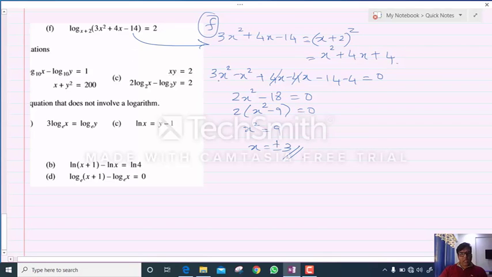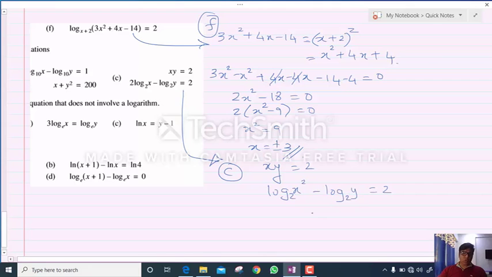Next, in this particular type of question, what you need to do is again solve for x and y. See this particular question. You have xy equal to 2. That's 1. Next, you also have log of x square minus log of y is equal to 2, to the base 2.